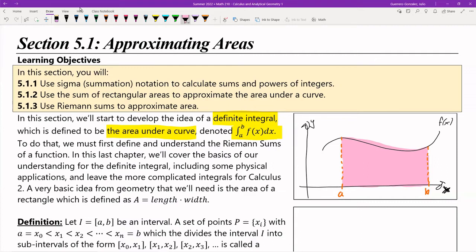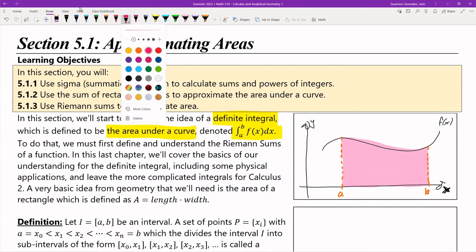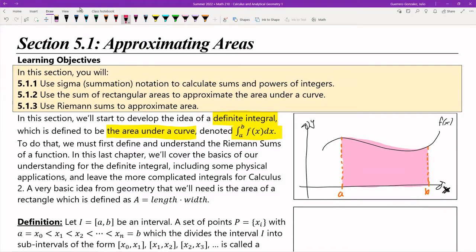The one thing we will need in order to figure these things out is the idea of the area of a rectangle. This is the primary way we're going to be developing our idea for an integral, okay? The way that we find these integrals, how we're going to define them, at least at the very beginning, is that we're going to have some box that's over two specific values like this, right?